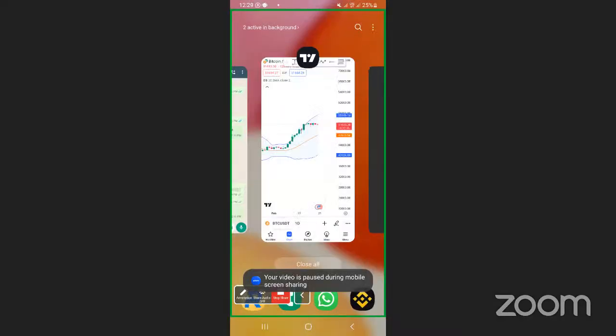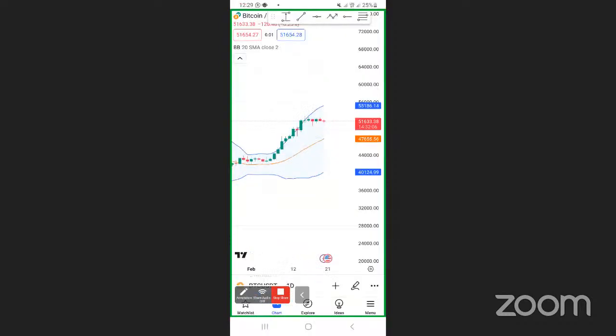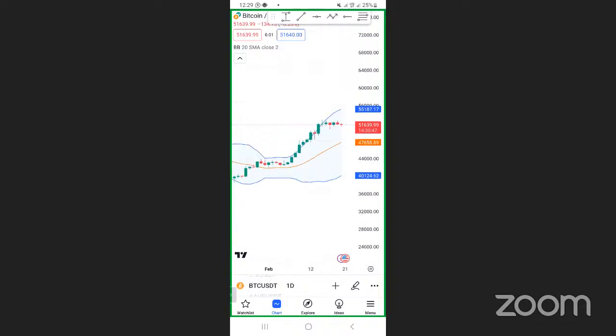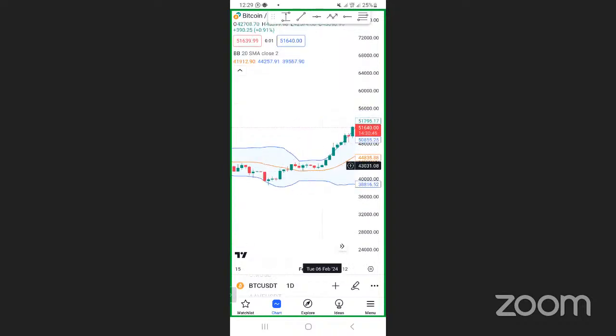Now, the market prefers being in the middle of that. I think that orange line, we call it a moving average. You get it? The market always prefers being in the middle of that line. Let me show you the middle of the line.